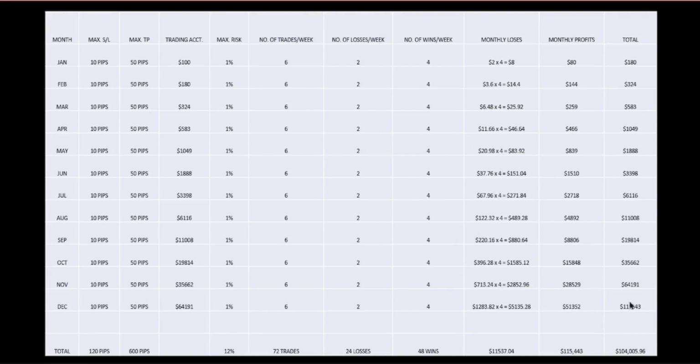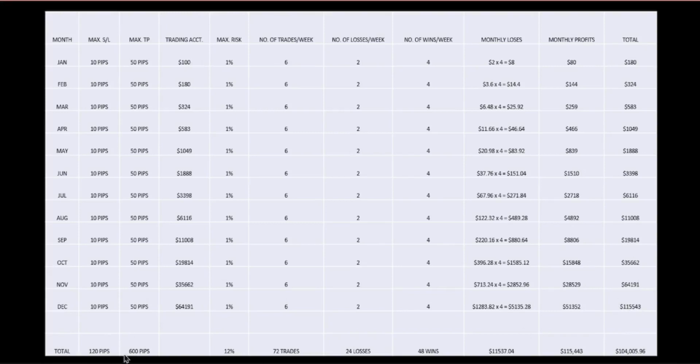All right. So at the end of the 12 months, your account would have grown from $100 to $115,543. Can you see that? This is crazy.